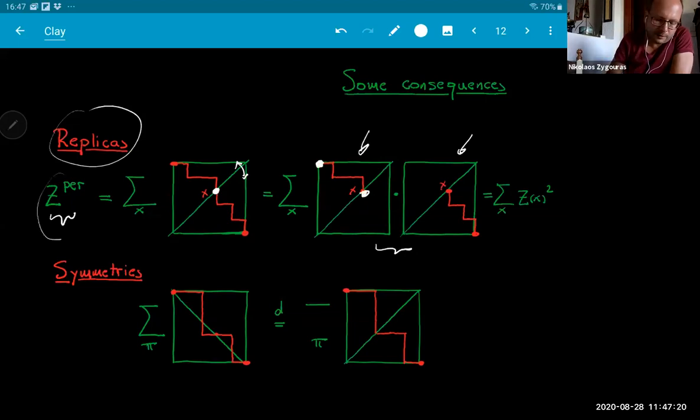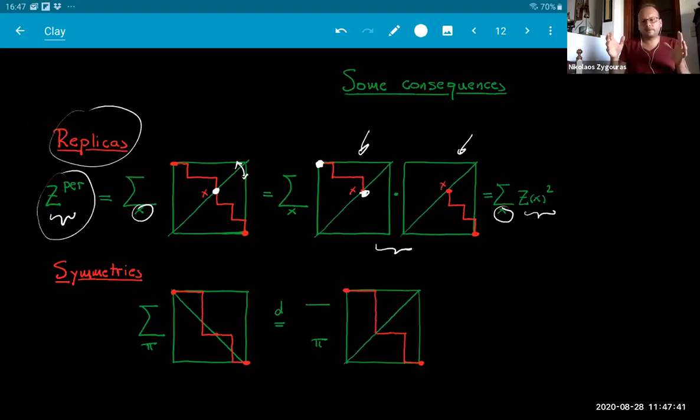And then if I want to recover the partition function in the persymmetric environment, I just need to sum up over all the possible x's where the path hits the diagonal. So here I get the square of the point-to-point partition function. And if you expand the square of the partition function, this will actually correspond to a partition function of two independent polymers moving in the same environment and ending up at the same location.